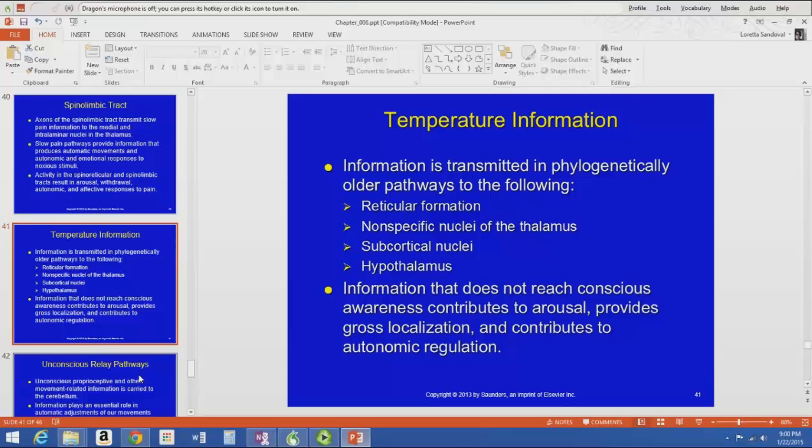So that information is transmitted to the hypothalamus, and the hypothalamus says, hey, we need to step up some of our hormonal systems to get the body temperature up because it's cold out there. Something like that. So we have that unconscious autonomic response to the temperature information that's being transmitted in those divergent pathways.